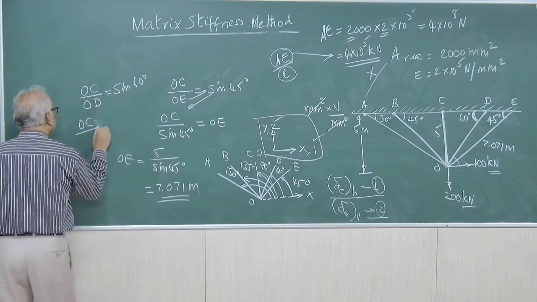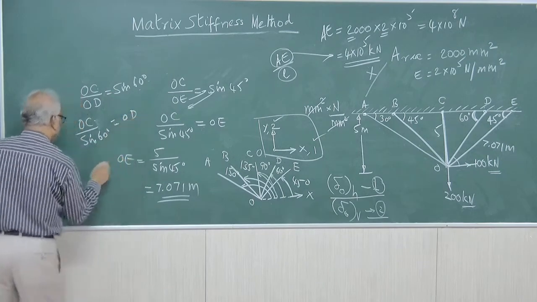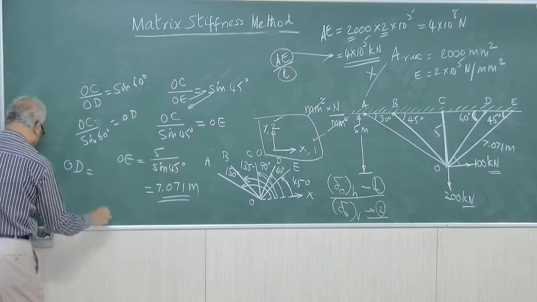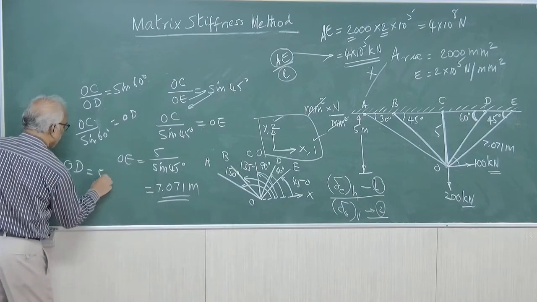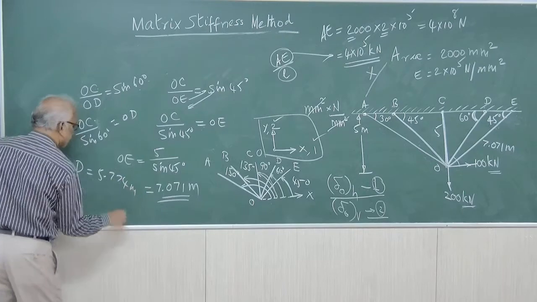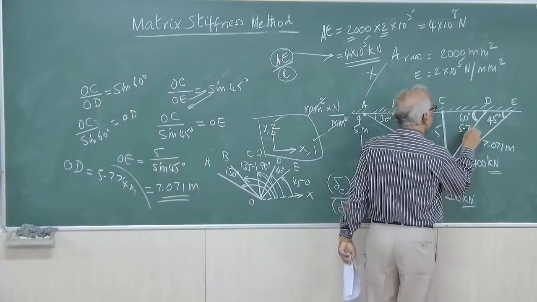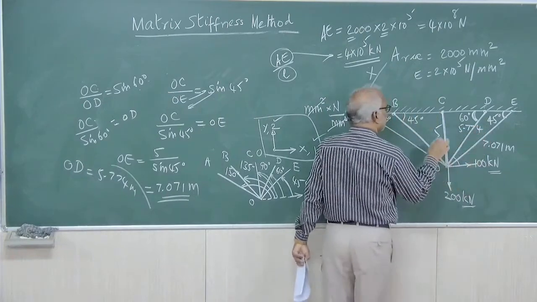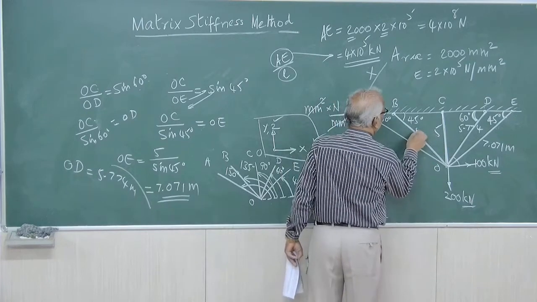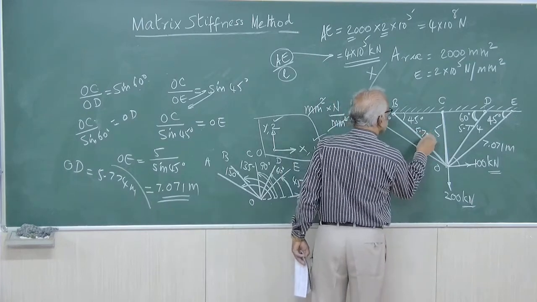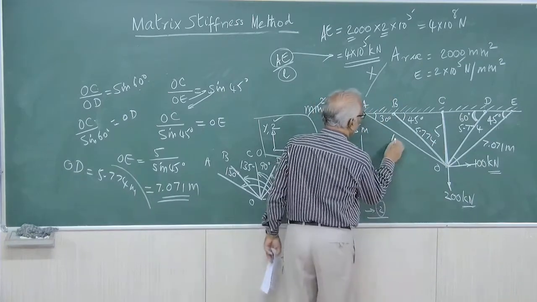OC by sine 60 equals OD. On calculation, we will find OD equals 5.774 meters. So this is 5.774 and this is 5 meters and this is also 5.774 and this value equals 10 meters.